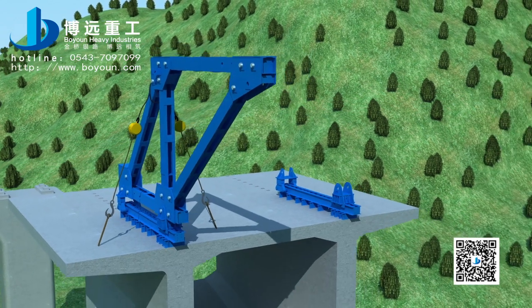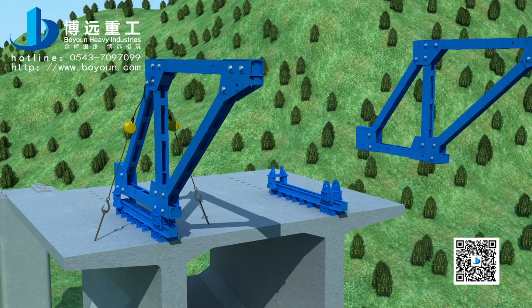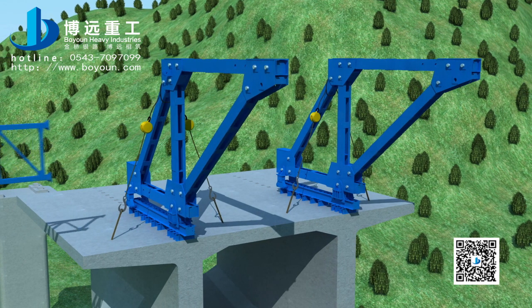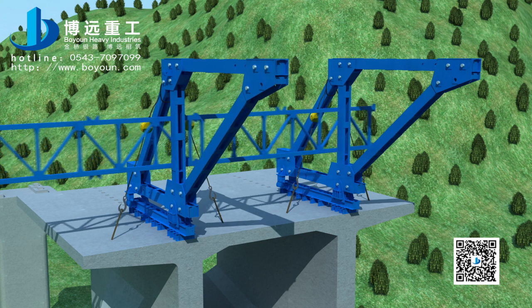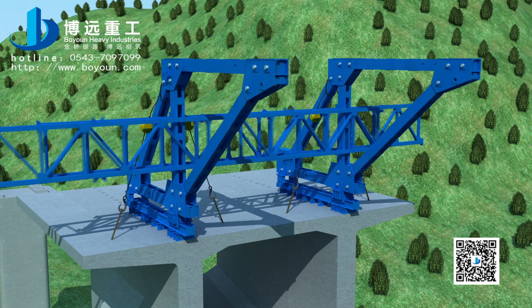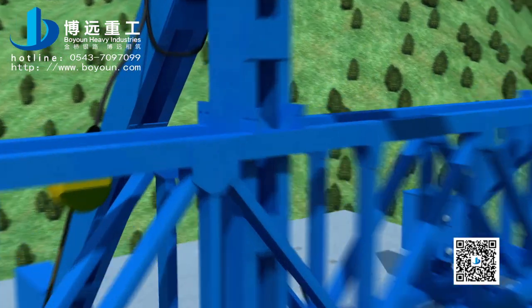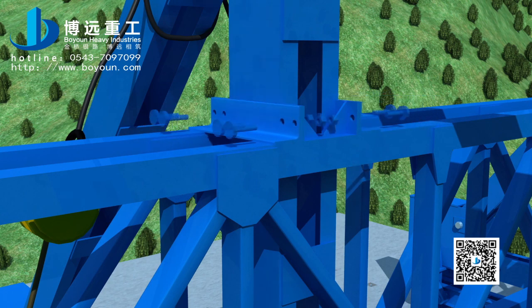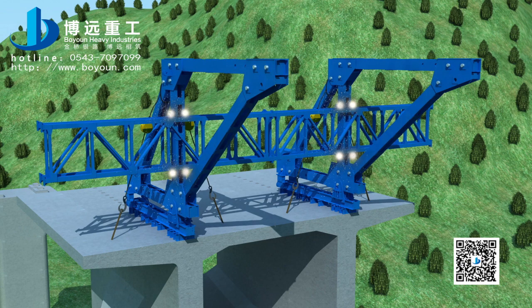At the same time, install the adjacent diamond frame in place. Lift the door frame. Weld and fix with diamond frame vertical rod through steel angle. The height should be not less than 8 millimeters and ensure that the diamond frame is vertical.